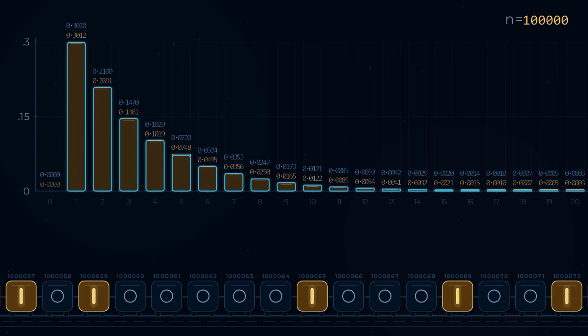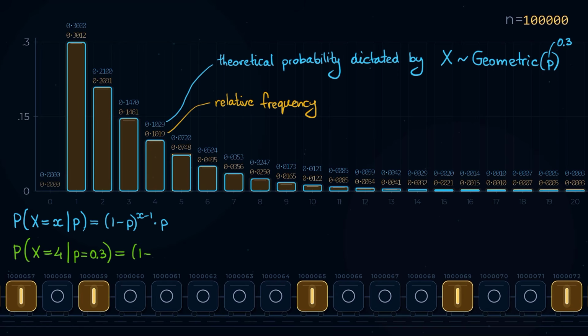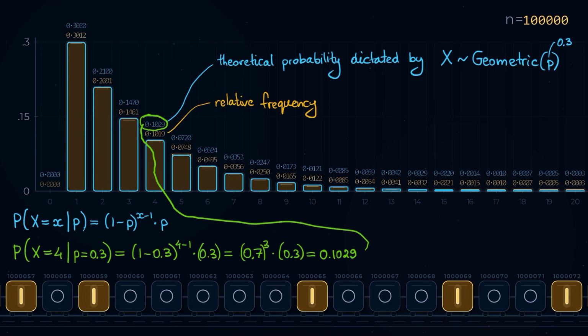And if we bring in the theoretical probabilities, we notice once more the close alignment between the relative frequencies and the theoretical probabilities dictated in this case by the geometric distribution with one parameter, lowercase p, equal to 0.3 in our case.